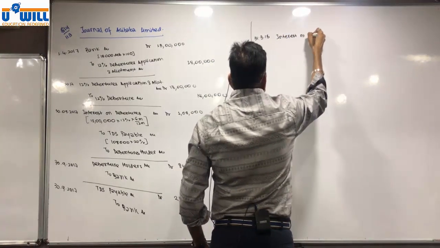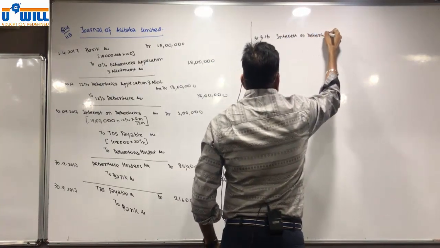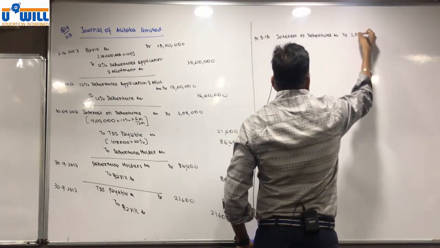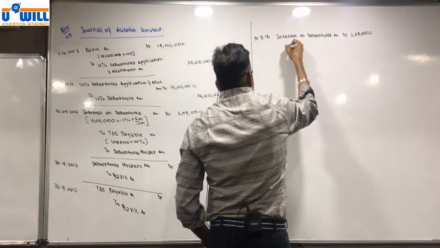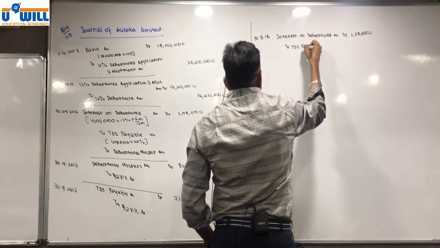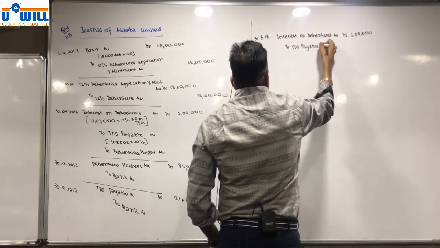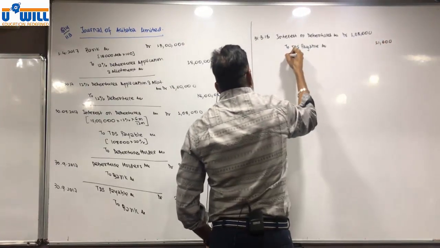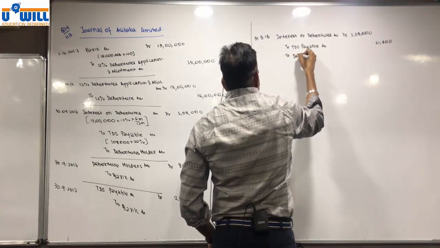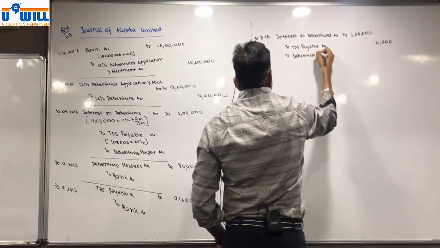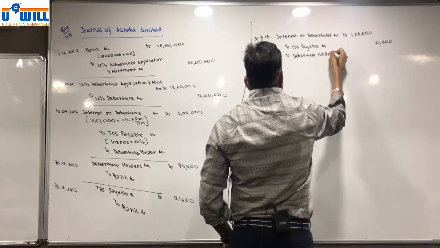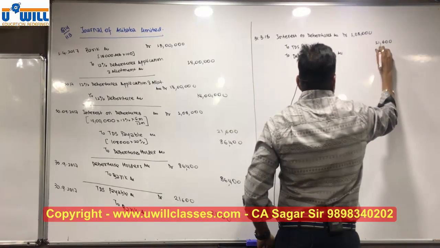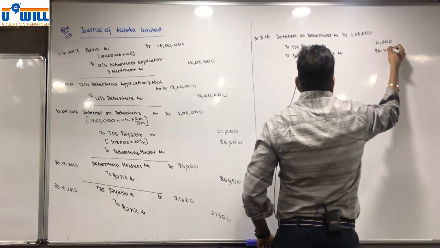Interest on debenture account debit 1,08,000 to TDS payable account 21,600 and to debenture holder 86,400.